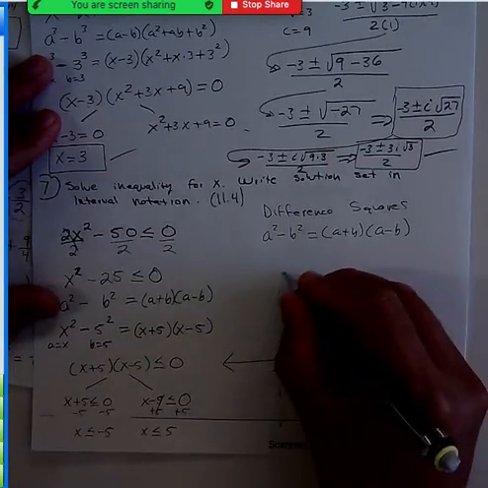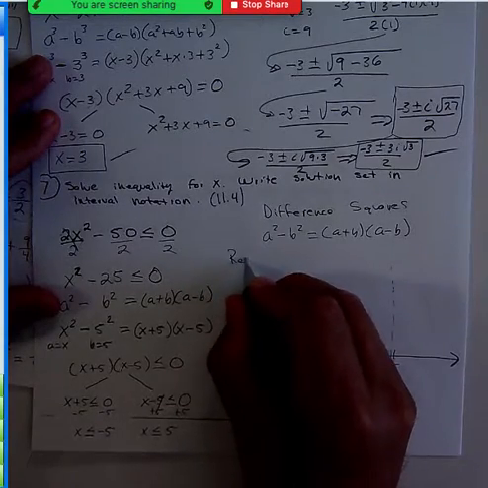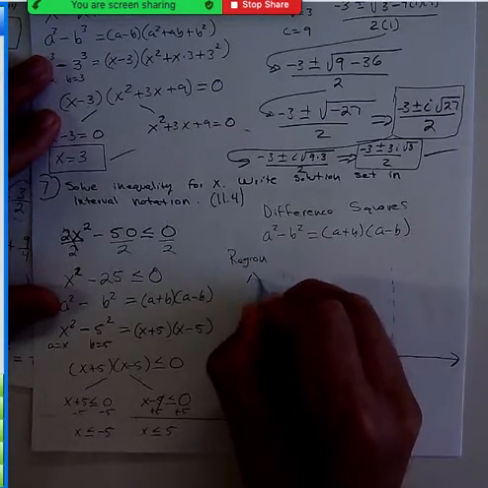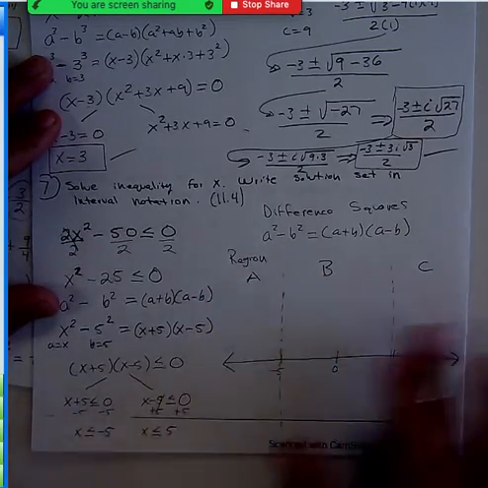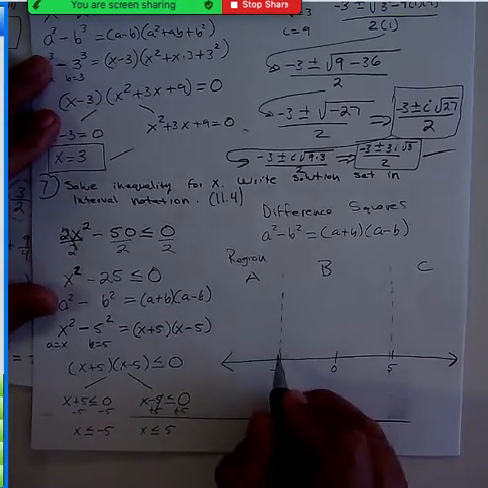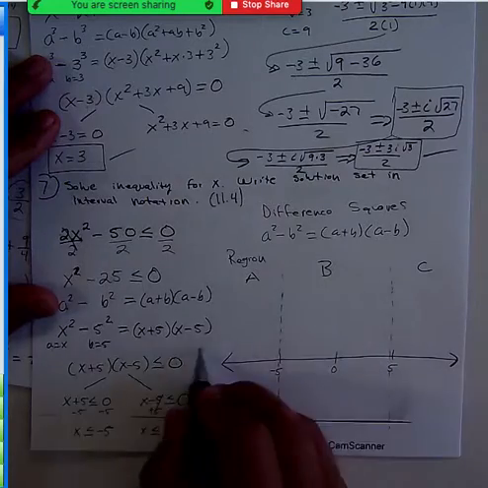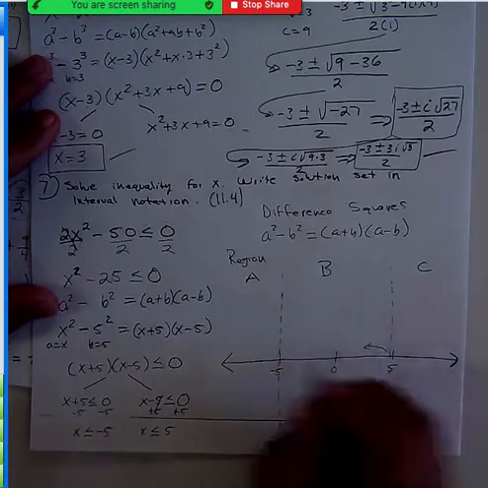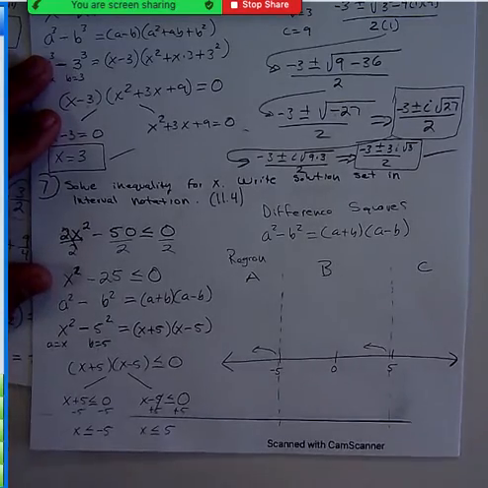So this question has regions A, B, and C. It has three regions divided by those numbers that we found. This one says that the solutions are here. This one says that the solutions are here. But we don't know where they are exactly, so we need to check where they are.